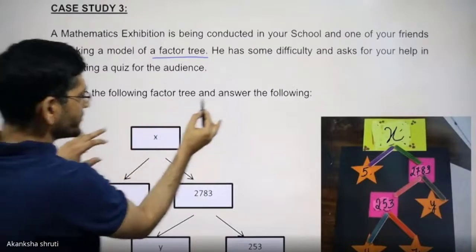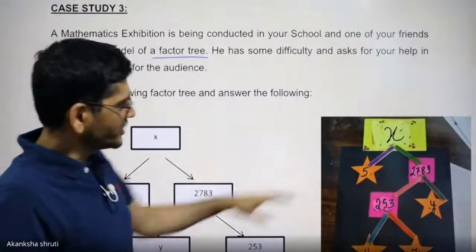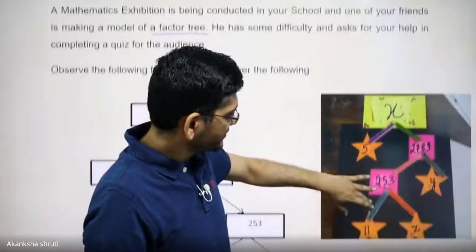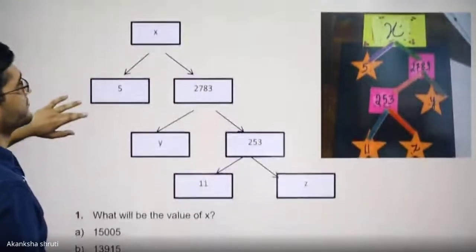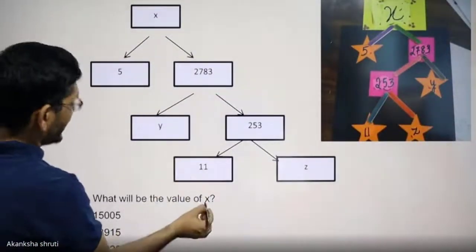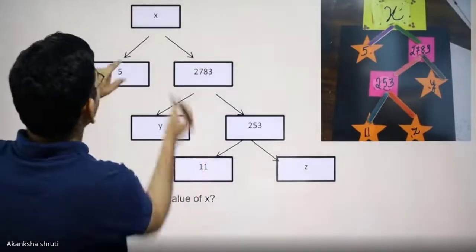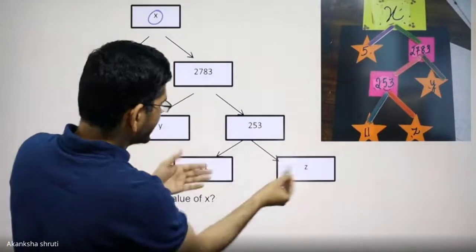Observe the following factor tree and answer the following. See, the factor tree is given in this figure, or the same thing is also given in this black and white. Okay, students? So what will be the value of x? Here is our x. Then we can also calculate y and z.